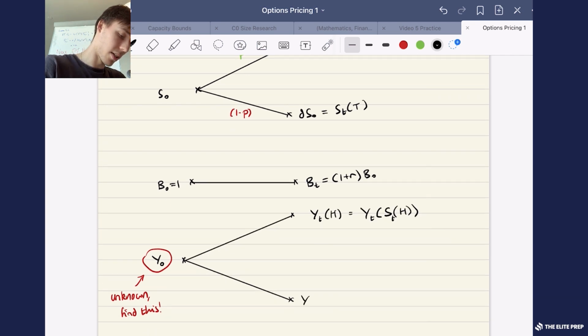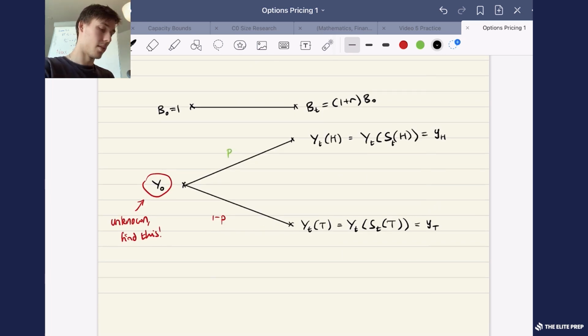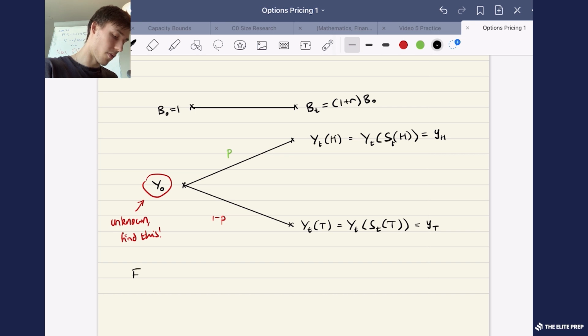And when it's tails, it's only depending on the stock price when the stock price is tails as well. So this obviously happens with probability P, and this happens with 1 minus P. You can label this as YH and label this as YT. So then I want you to find Y0.